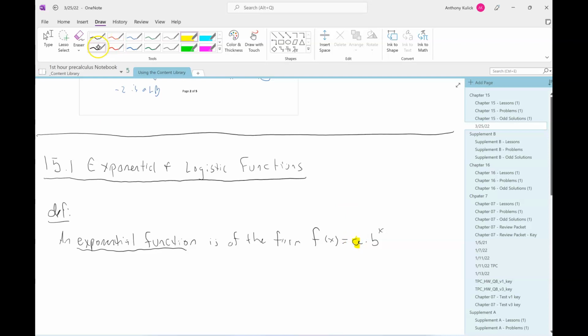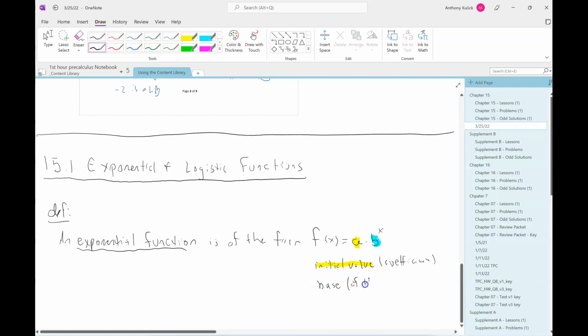We call a the initial value. You could also refer to it as a coefficient. We call b the base. Maybe we'll say base of the exponential.